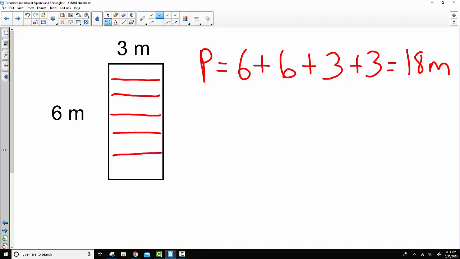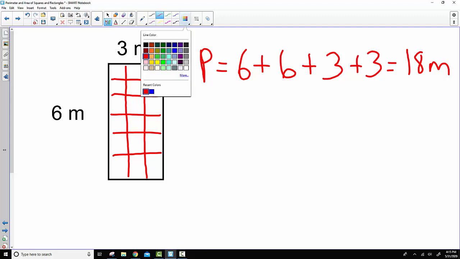Now, the top has a 3 meters. So this line segment must be divided into 3 parts. So vertically, we have 3 parts. And again, I know the squares are not perfect, but for our purposes today, we are going to pretend that they are. So let's count and see how many square units are in the area of this figure.